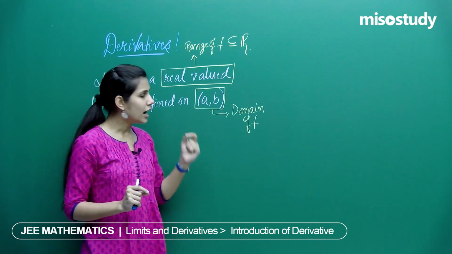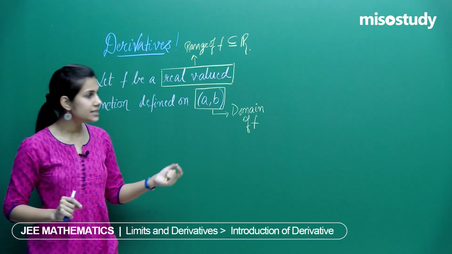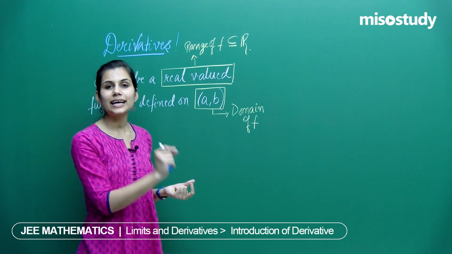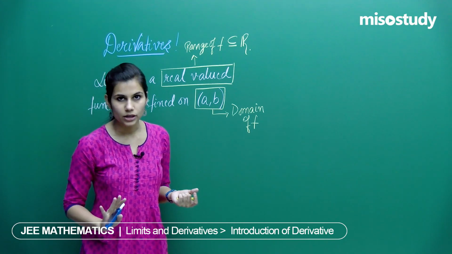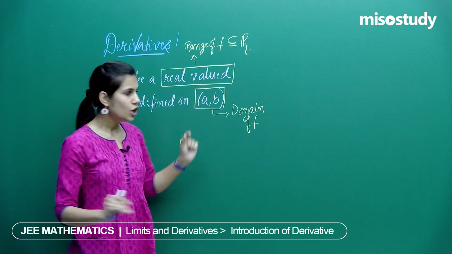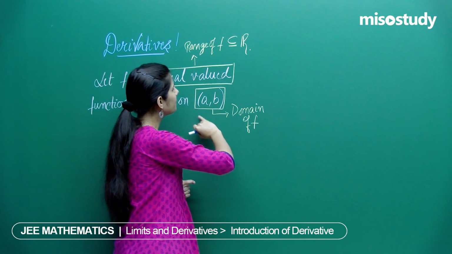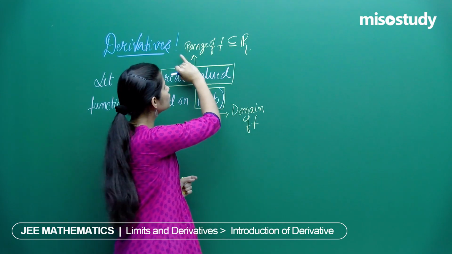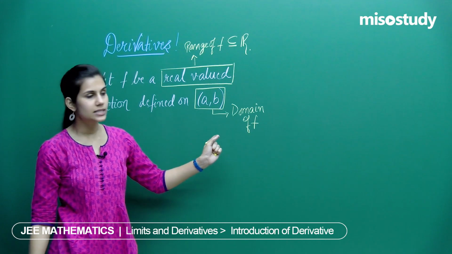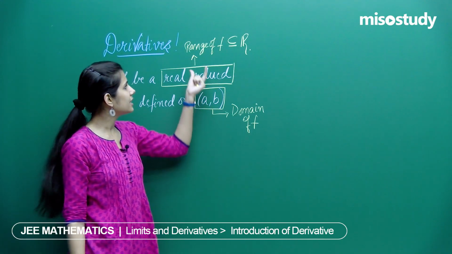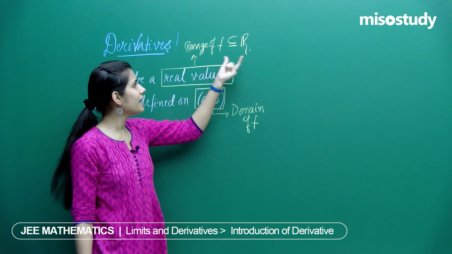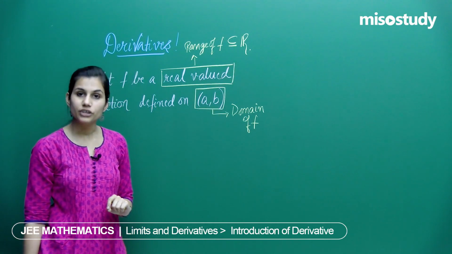Fine? Now, when I am saying f of x exists for every x in this open interval a b, that f of x actually exists to be a real number. And why am I able to say that? Because f is real valued. So for every x in the interval a comma b, f of x is a real number, and the collection of all the f of x's for every x in the domain is nothing but the range. Because it's given that f is real valued, the range is a subset of real numbers.